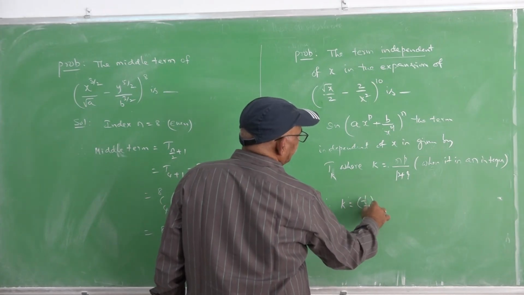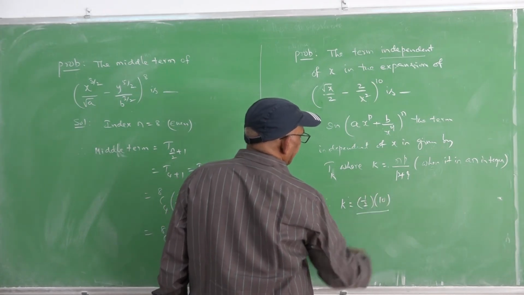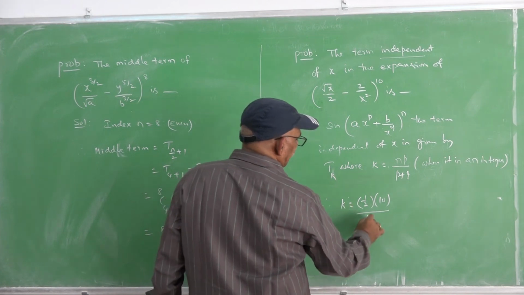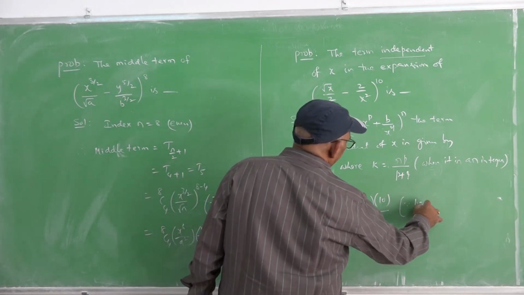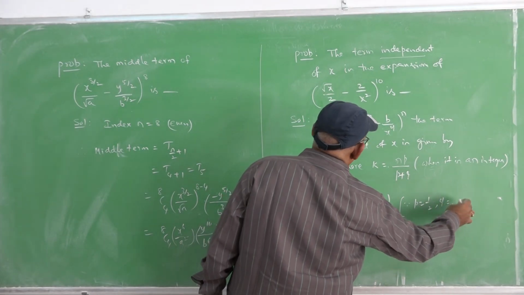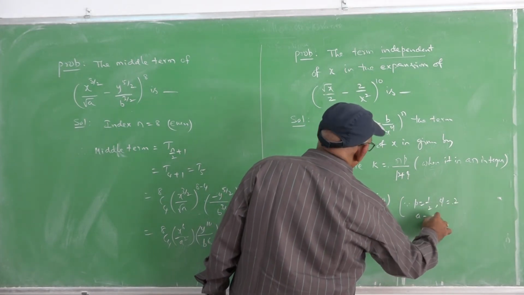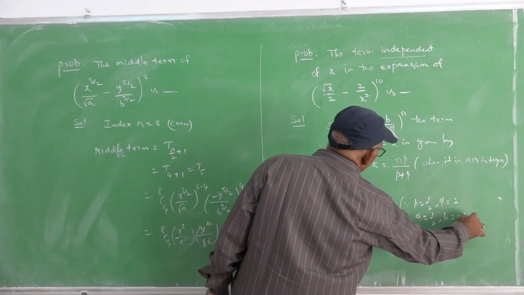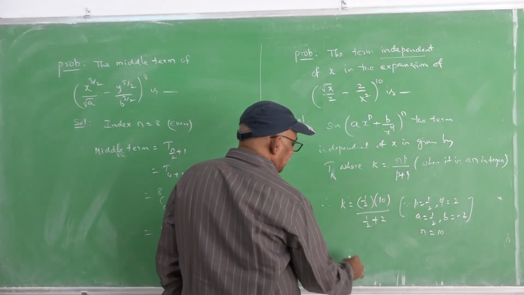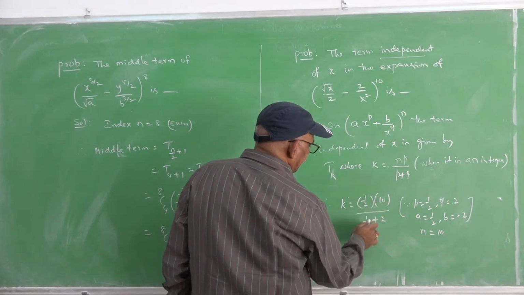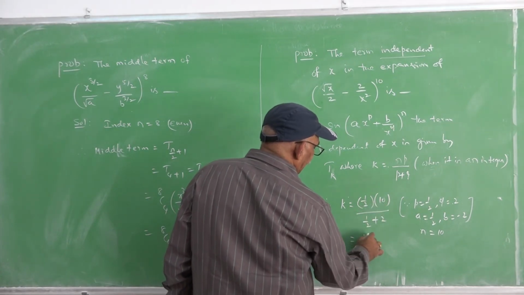So 1 by 2 into n stands for index, 10, by 1 by 2 plus 2. Since p is 1 by 2 and q is 2, a equals 1 by 2 and b is minus 2. N stands for 10. It gives us 5, 10 by 5.